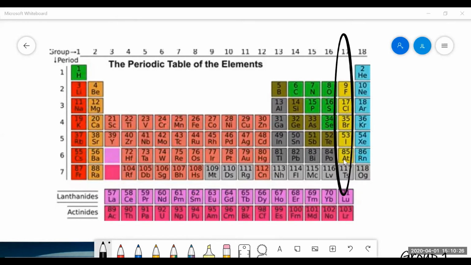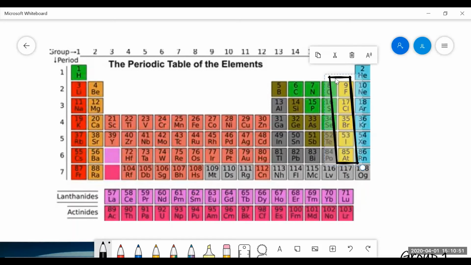What is At? Astatine. Sorry, I think 117 is not included in the group, so it would only be this. Okay, fluorine, chlorine, bromine, iodine, astatine. For this one, lithium, sodium, potassium, rubidium, cesium.